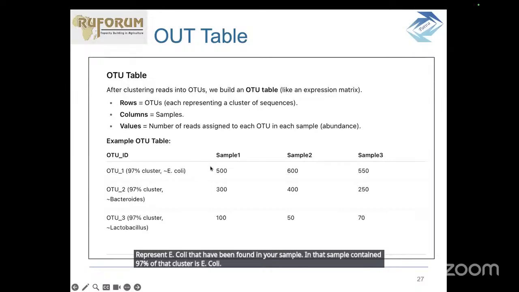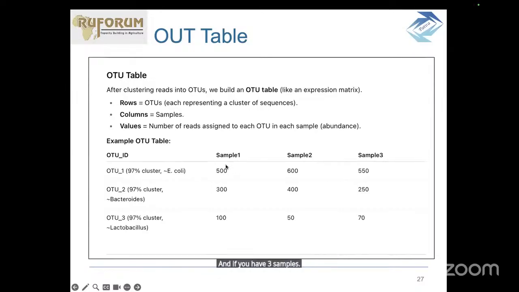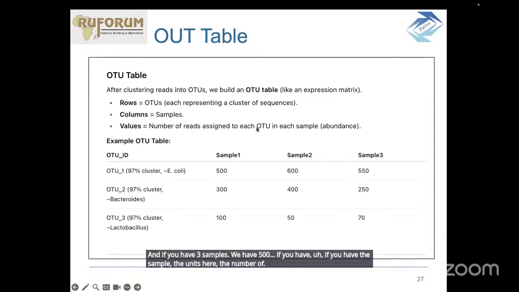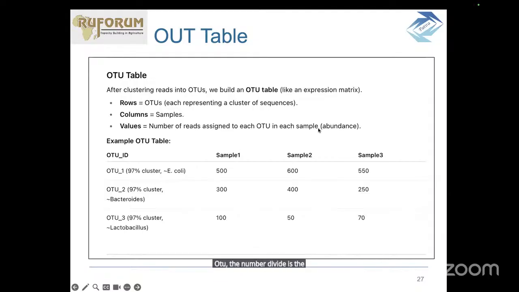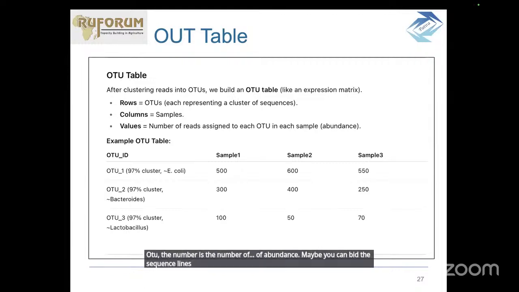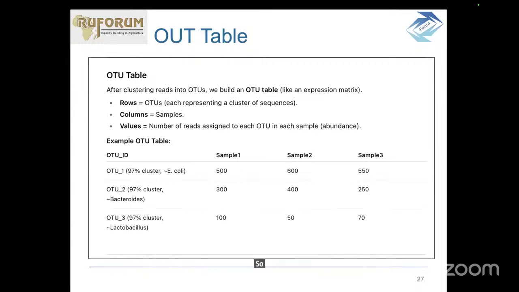If you have 3 samples, the units here, the number of OTU, the abundance, maybe it can be the sequence lengths or DNAs.